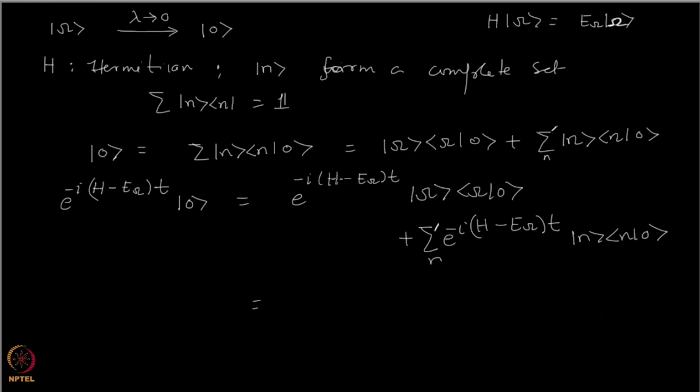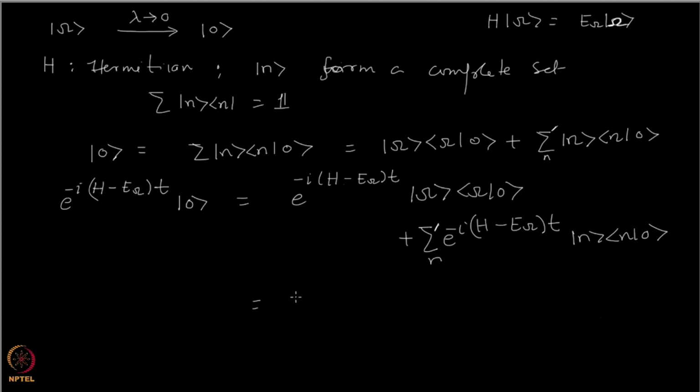If the operator H minus E omega acts on omega, it will give you E omega minus E omega, right? So this object gives you 1 because it becomes e to the minus i times 0 times t. So only this piece is left, because this is an eigenstate of the Hamiltonian, so that gives you E omega there.